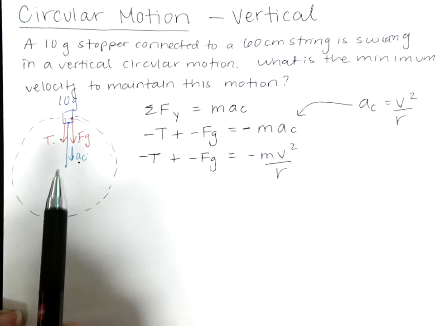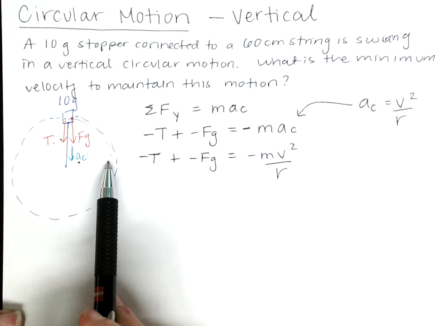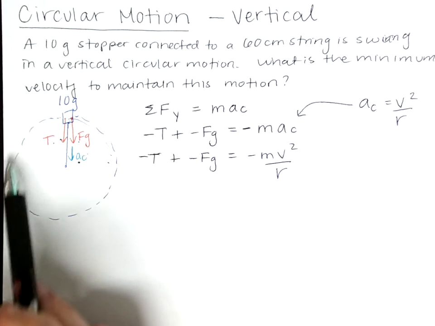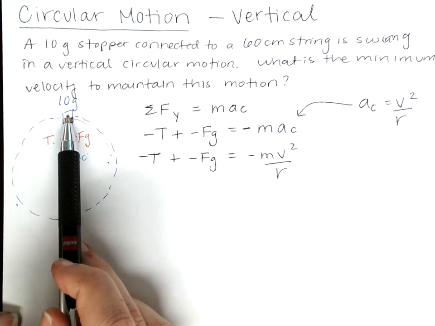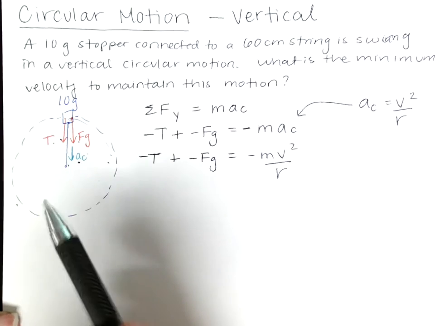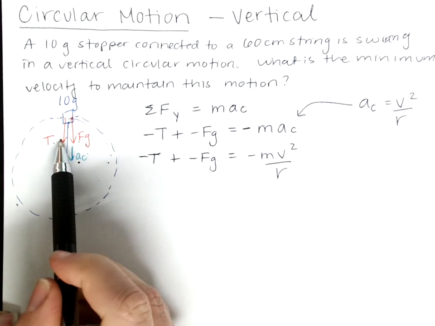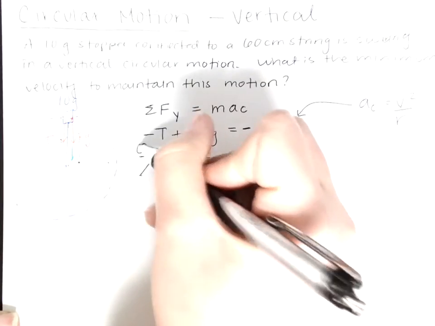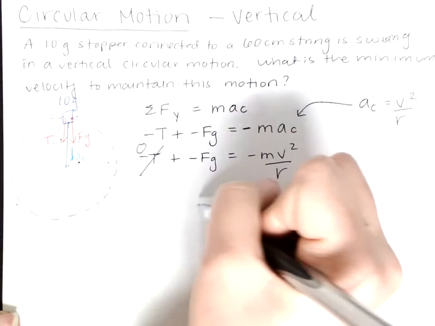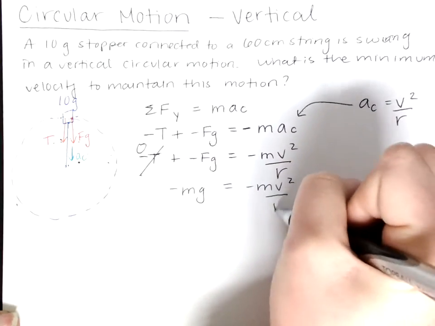Well, when we're talking about this problem specifically, what is the minimum velocity to maintain this motion? At the very top, when the velocity is the minimum, that means it's just barely going to make a circle, and the tension in the string is actually going to be 0. So tension's going to be 0. We get negative mg equals negative mv squared over r.